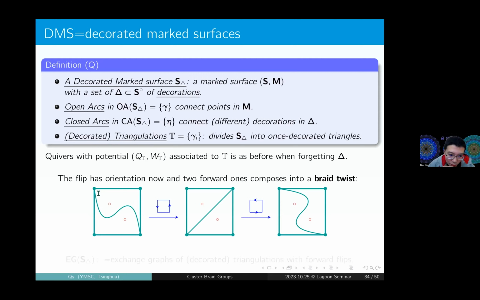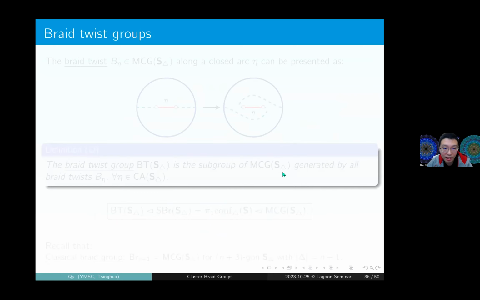Originally, if you have just a square, you flip a diagonal to another one and flip again, and you come back. However, if you add some decoration in the middle, the flip should move the endpoint of this arc along the edges of the square containing this diagonal, and then you cannot come back because there's a direction. And two steps of flipping locally correspond to a braid twist, which we define here.